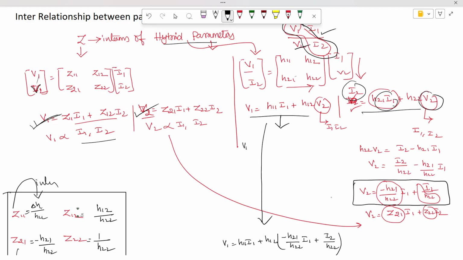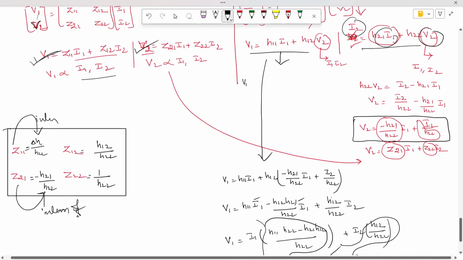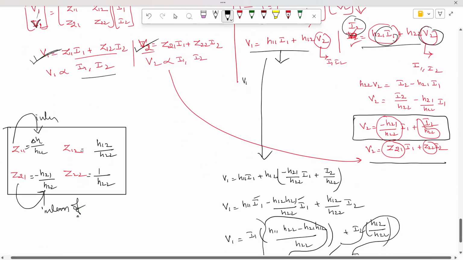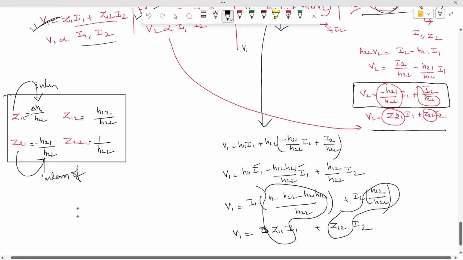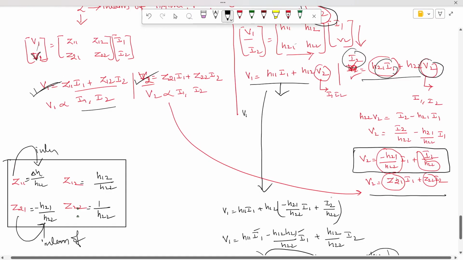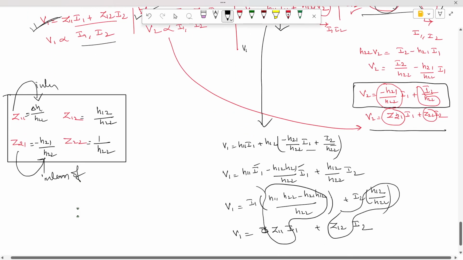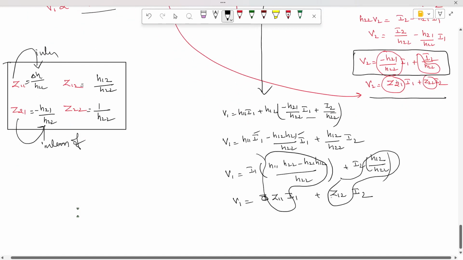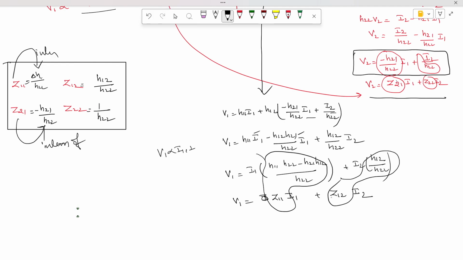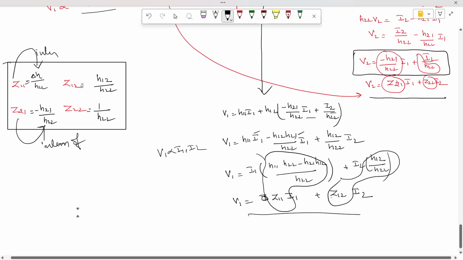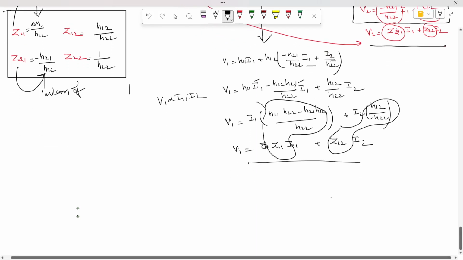I performed that calculation and transformed it into a standard format and compared both the equations. Here V2 was successfully transformed into I1 and I2 and I substituted it here. Then V1 was transformed in terms of only I1 and I2, and we compared with our standard expression. So successfully we have transformed Z in terms of H parameters.